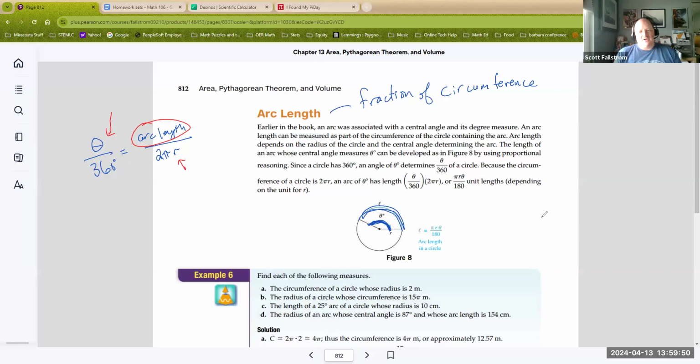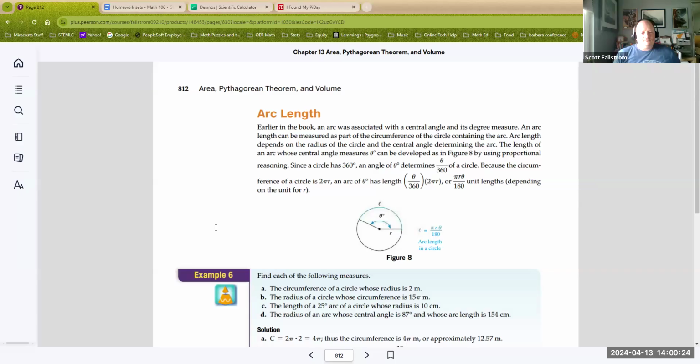But I prefer to think of arc length as just take the whole circumference and multiply it by some fraction. If they gave me a 60-degree angle, then I would put 60 degrees out of 360 degrees, and there we go, I'm off and running. So I don't need to rethink it as a completely different ratio or proportion.